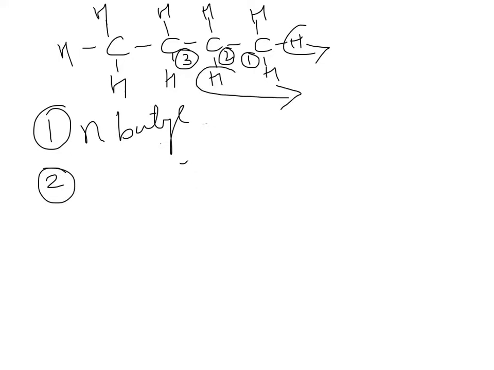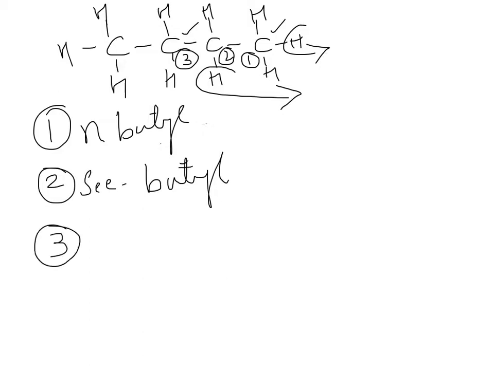n-butyl. Now, if we remove from the second one, what you have is a carbon that is bonded to two carbon atoms, right? So that will be known as a secondary butyl, or more popularly secondary butyl. What if we remove the hydrogen from the third carbon?